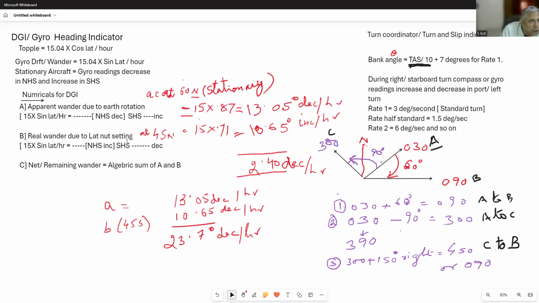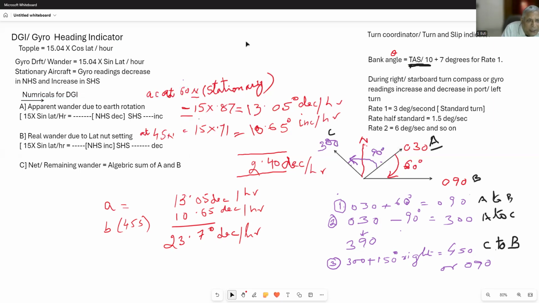Okay, numericals for DGI: either he could just ask you what will be the apparent wander for a stationary aircraft at this place. That is only step number 1. Find out where you are. If you are at 60 north, your apparent wander will be 15 into sine of 60, per hour. In the northern hemisphere, gyro readings will decrease, and if you are at south, gyro readings will increase.